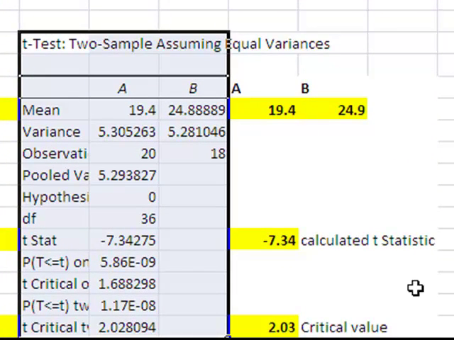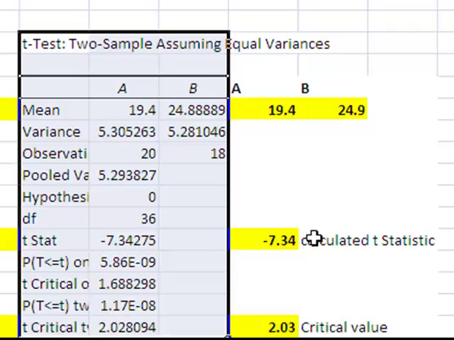And we'll notice comparing A and B that the means are somewhat different, but to determine if there is a significant difference, I need to look at my calculated t-statistic and compare that with my critical value.